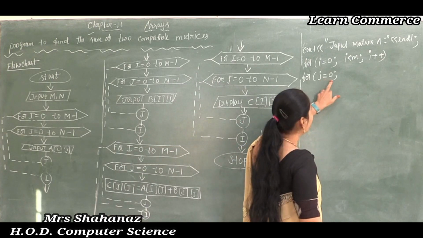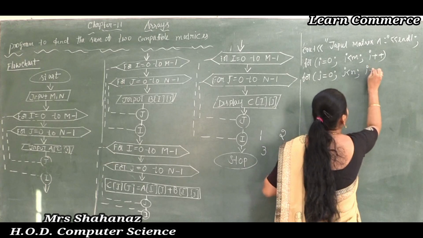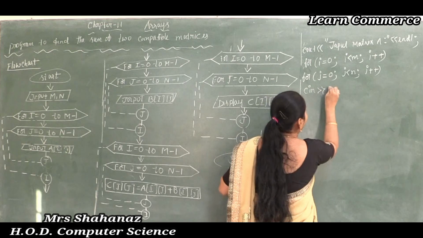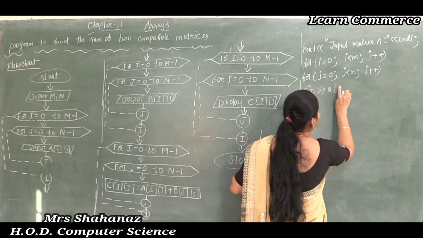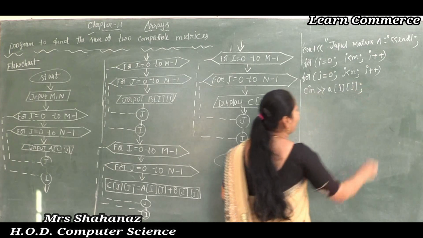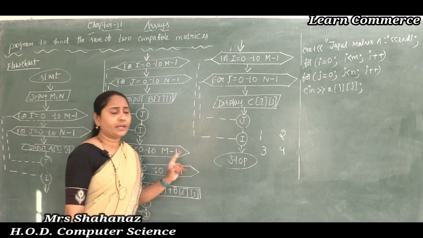So for j is equal to 0, j less than n, j plus plus, cin a of I, j. If you are representing I in small letter, then you should use the small letter only.